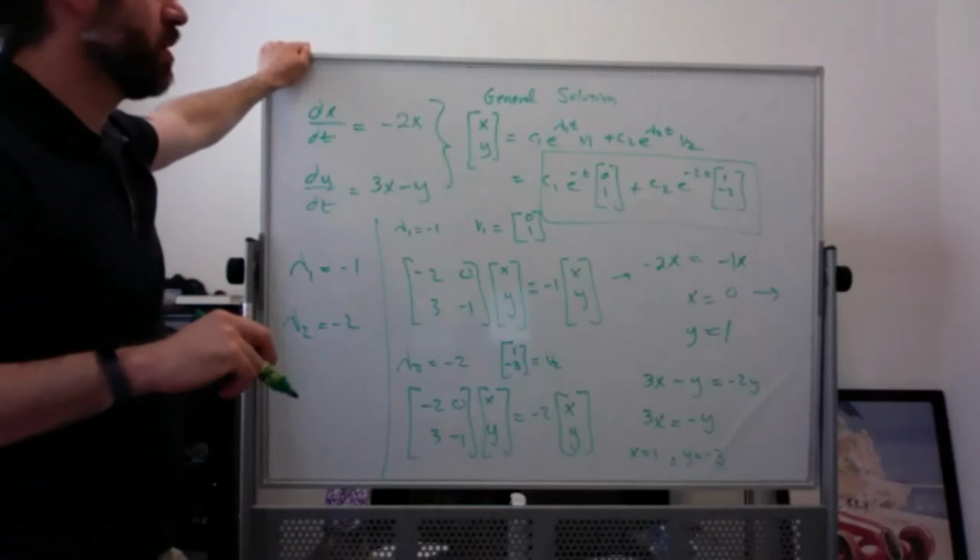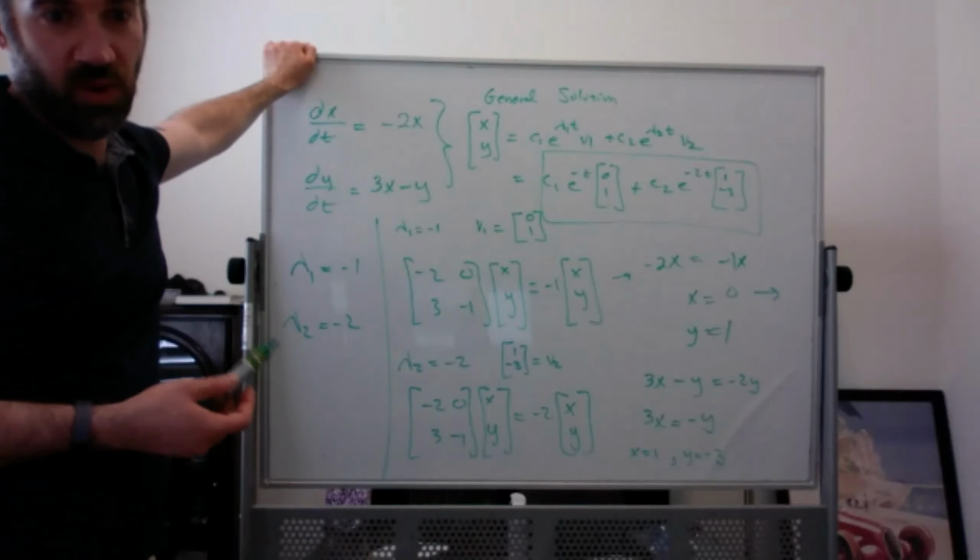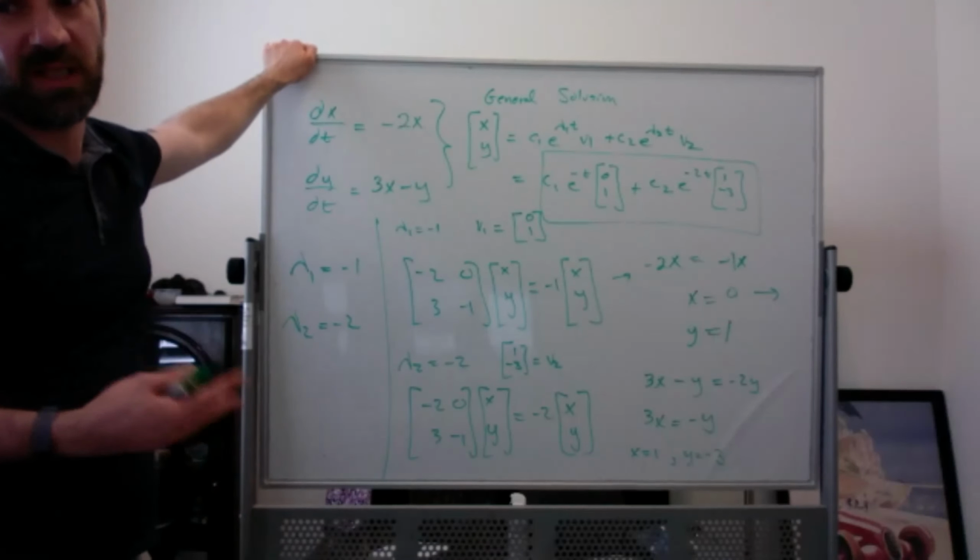And we could certainly give ourselves initial conditions if we wanted to find c1 and c2, but that's usually less of what we're interested in.